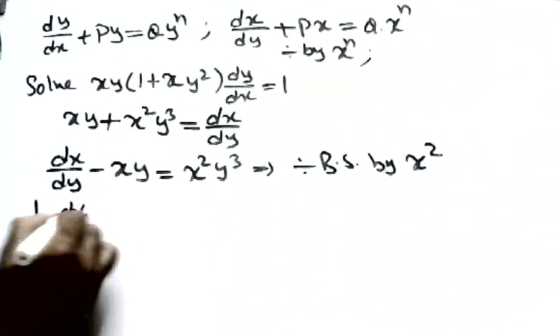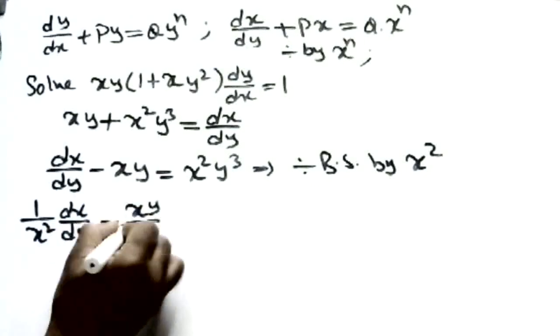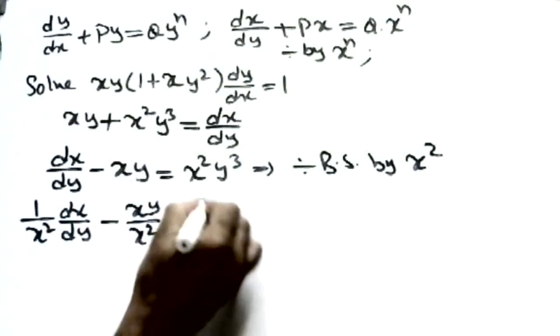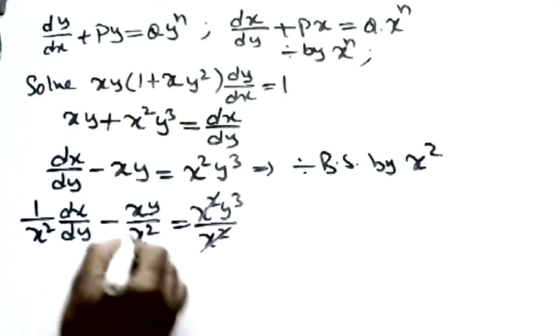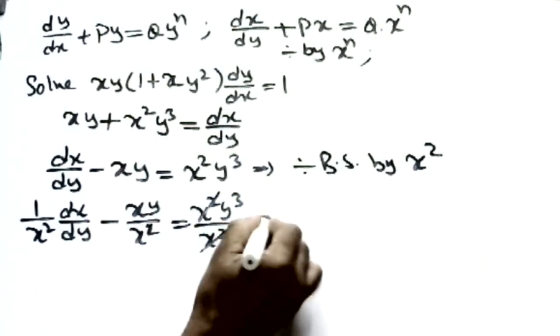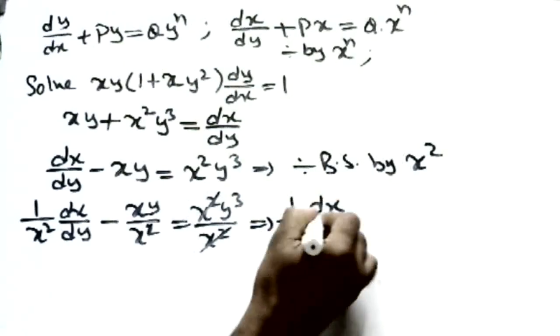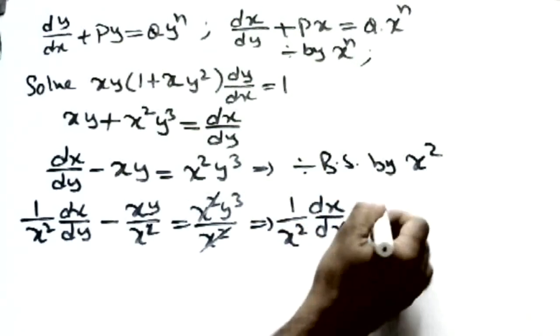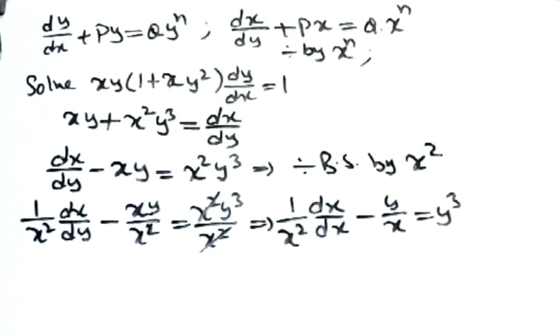So this will become 1 by x square dx by dy minus xy by x square equals to x square y cube by x square. Now x square will get cancelled. What is left here? 1 by x square dx by dy minus y by x equals to y cube.